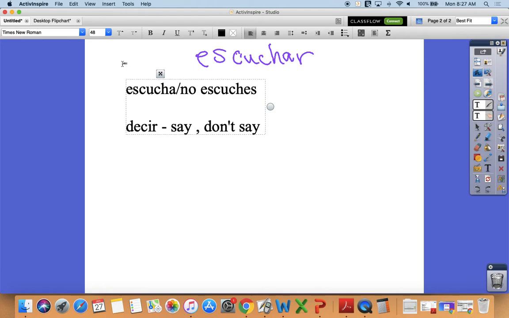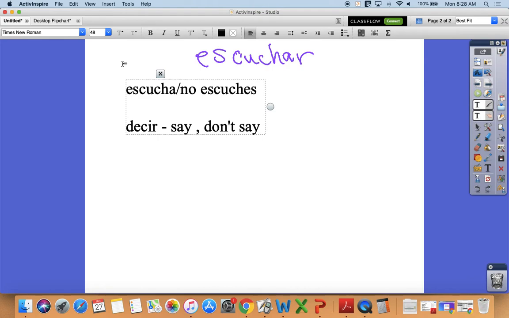This is going to be a G, not a J. The preterite has a J in it, dijo. The yo form of decir is digo, with a G. So decir is dijo in the preterite, but the yo form present tense is digo.